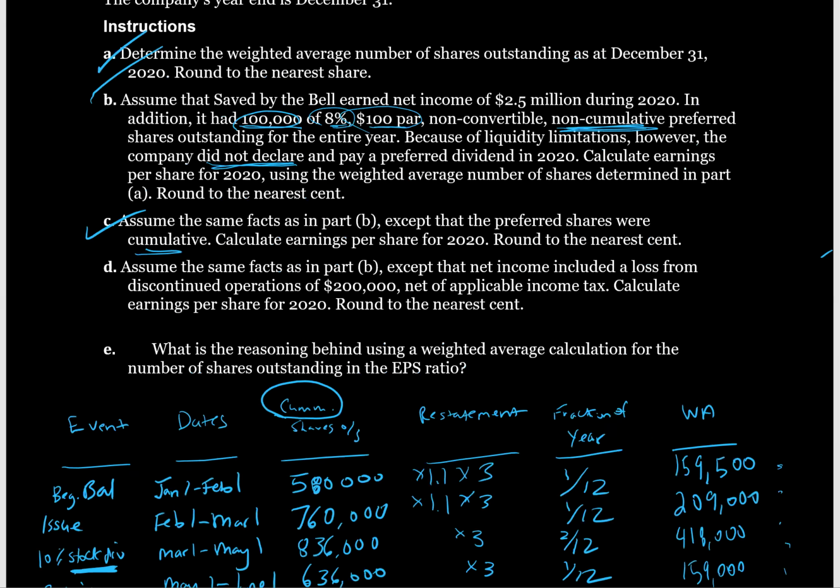Okay, so now we've got E, which asks: what is the reasoning behind using a weighted average calculation for the number of shares in the earnings per share ratio? Well, the rationale is that the earnings process, or the process of earning net income, occurs continuously throughout the year. And net income is, of course, our numerator in the calculation of earnings per share.